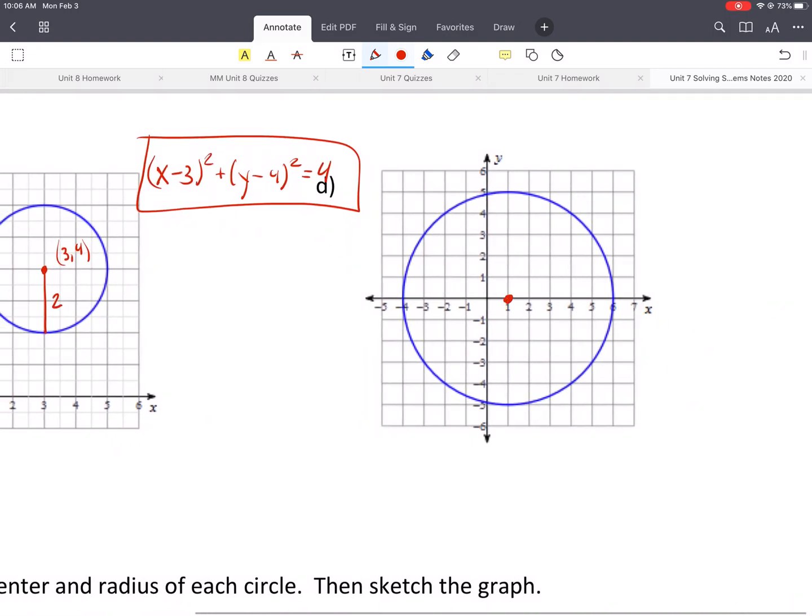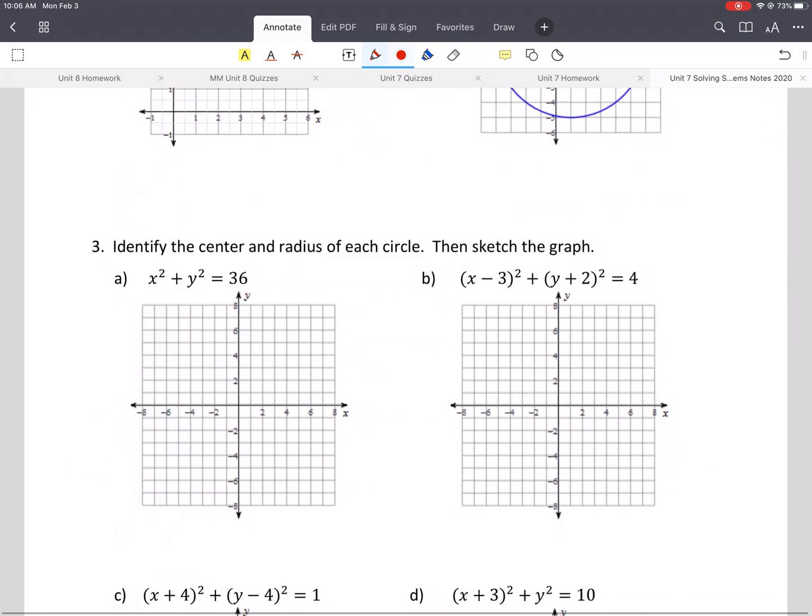Next, the center is (1, 0). The radius is 1, 2, 3, 4, 5. So our equation is going to be (x minus 1) squared plus (y minus 0), well that's just y, so y squared is equal to 5 squared, which is 25.